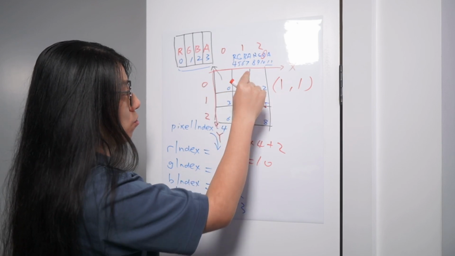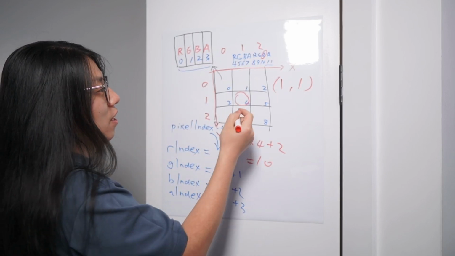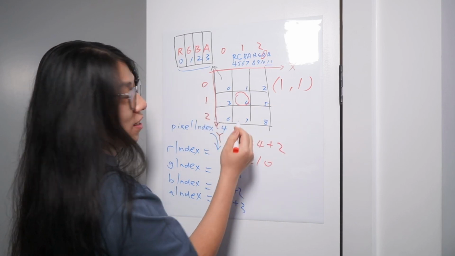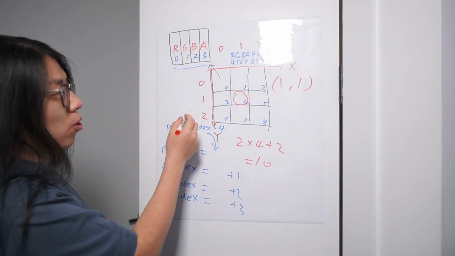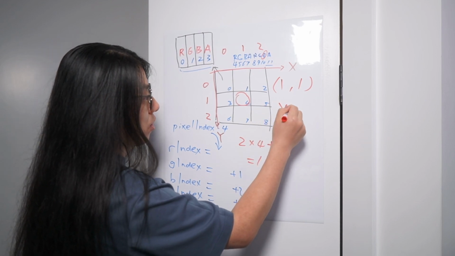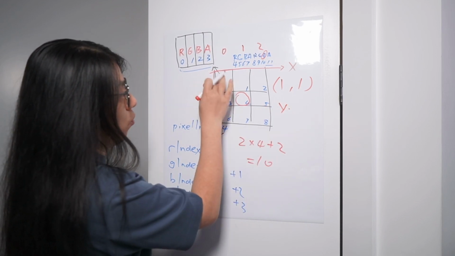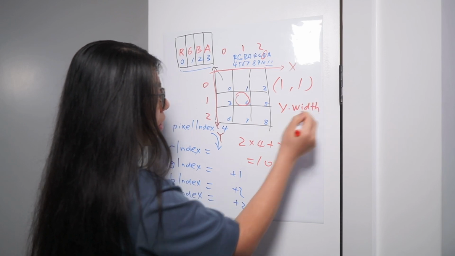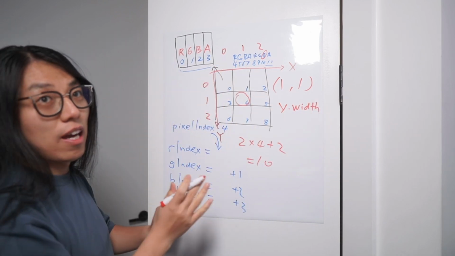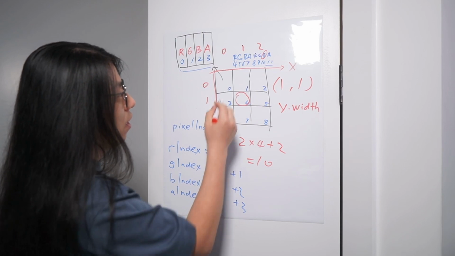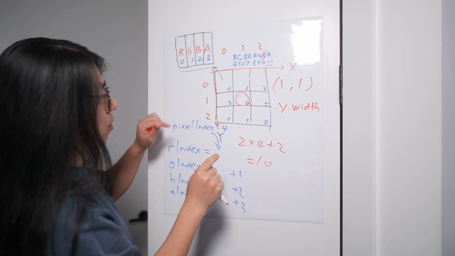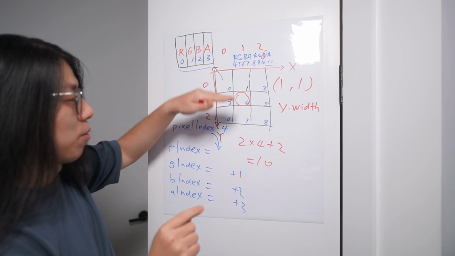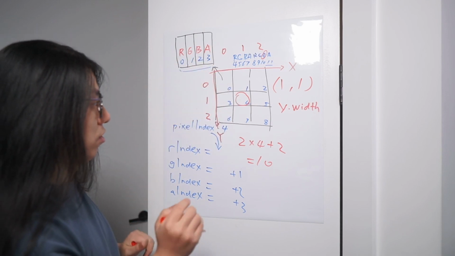Because each row is 3 pixels, what we need to do is use the y coordinate times 3, and that's the width of our canvas. We are imagining we have only 3 pixels in our canvas. So we count the total number of pixels that come before the pixel we are interested in.